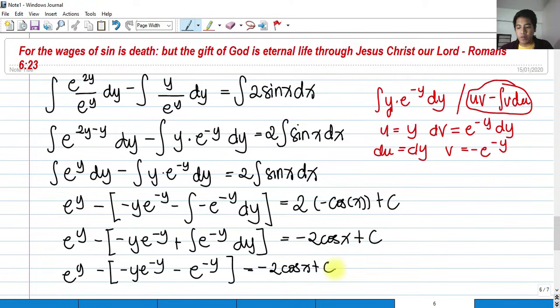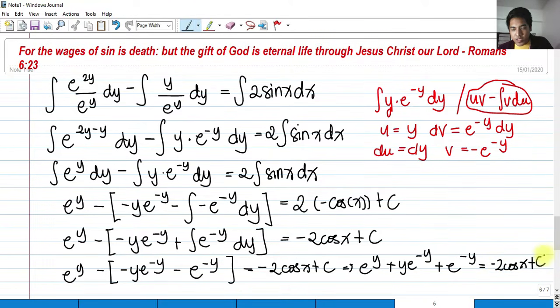And now we shall be distributing now the negative sign. So that we have e raised to y plus y e raised to negative y, and then we have plus, because that's both negative, e raised to negative y is equal to negative cosine of x plus c.